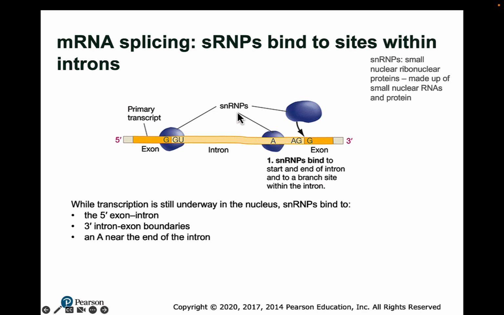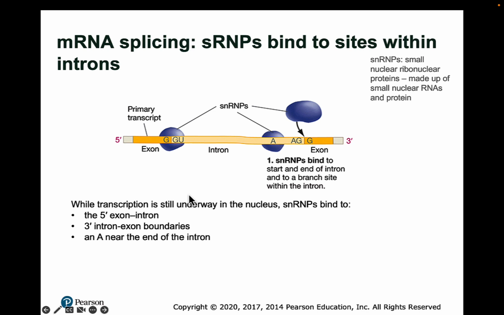SNRPs are small ribonuclear proteins that also contain nuclear RNAs. The nuclear RNAs are actually what are catalytic. They're going to do the enzymatic work here, but these are protein-RNA complexes.